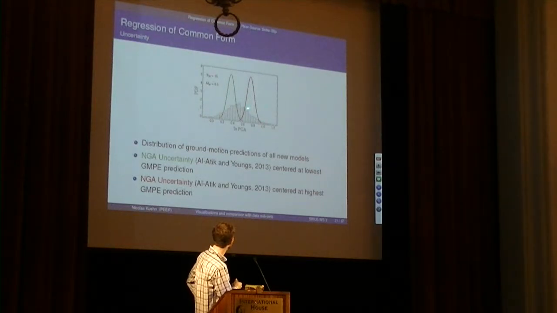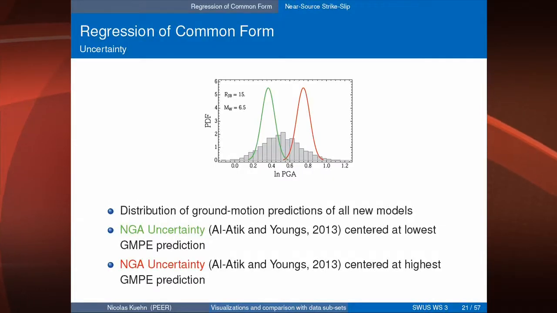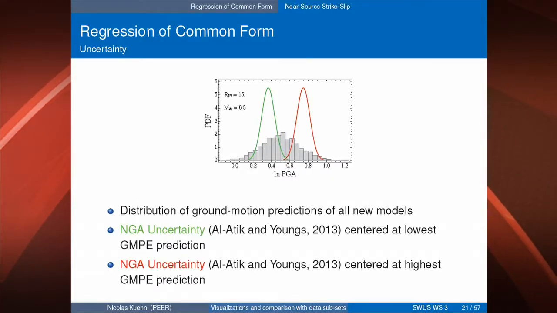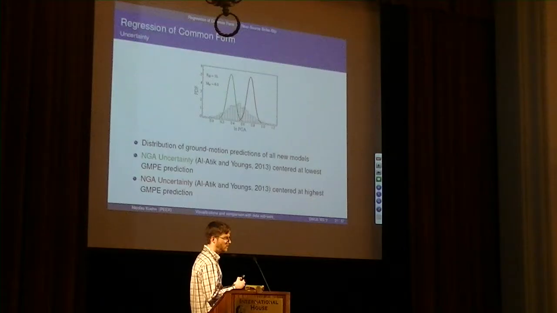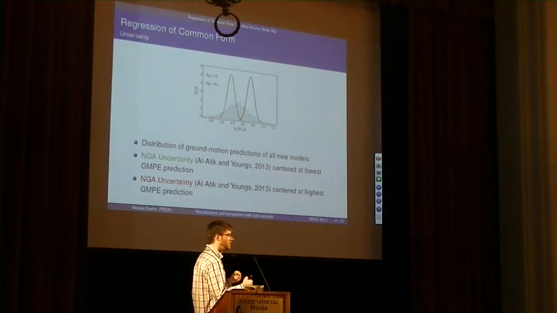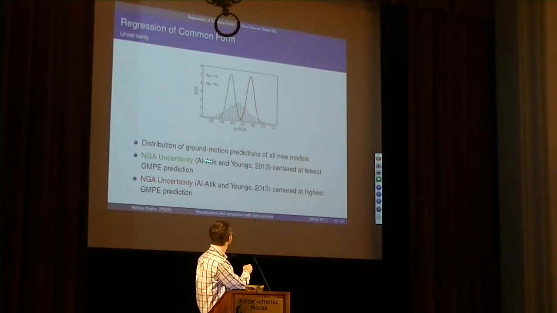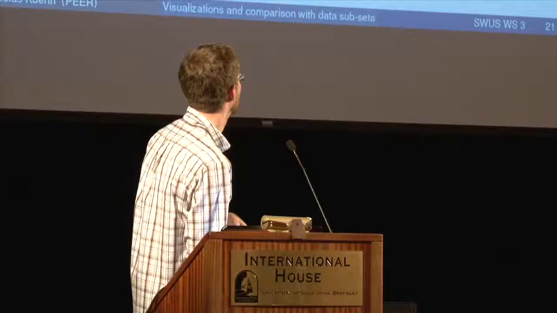I'm not exactly sure whether this is actually an NGA model, I don't think it is, but this would be the uncertainty associated with the GMPE that gives the largest prediction at this point. That's probably Zhao, right?